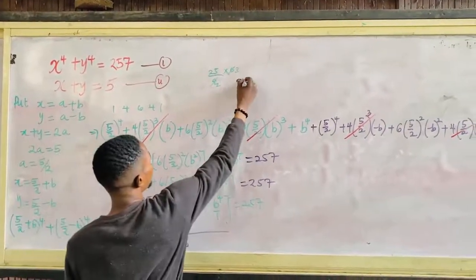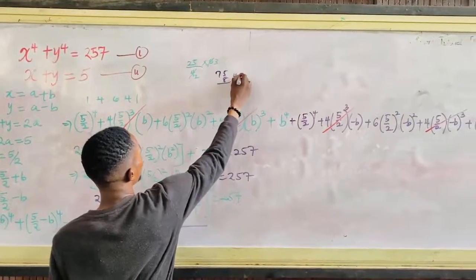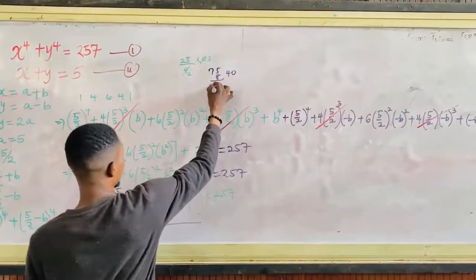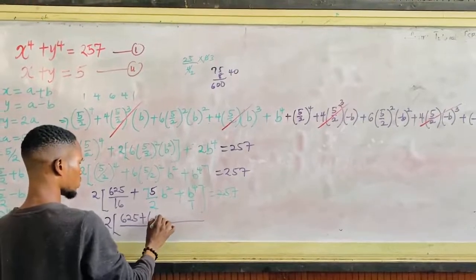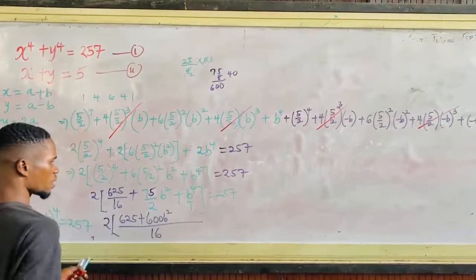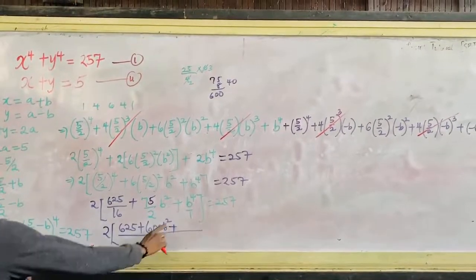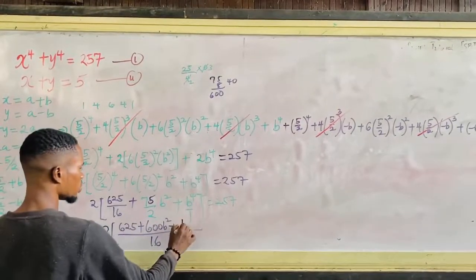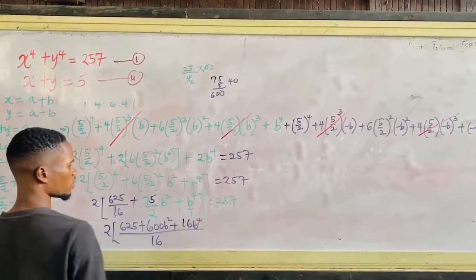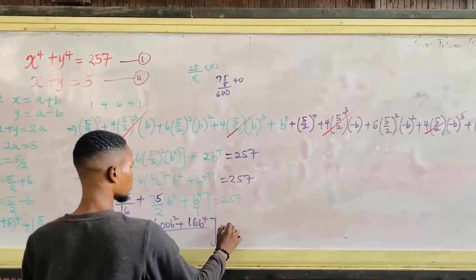What is 75 times 8? That's 600 b squared plus this 16 b raised to the power 4, which is equal to 257.